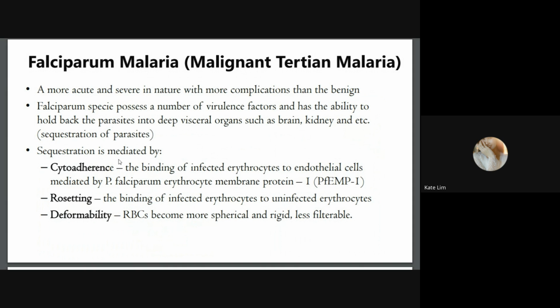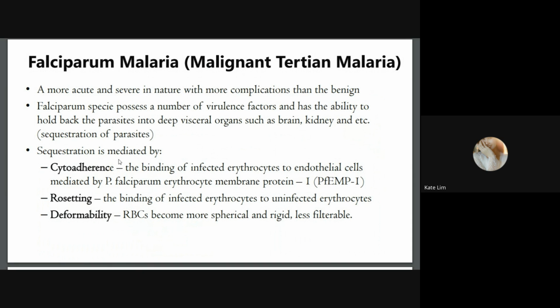So this actually contributes to certain complications of Plasmodium falciparum like cerebral malaria. Some of the RBCs are being stuck in the microvasculature, or the blood vessels, contributing to the complications of cerebral malaria. So this is one way how your malignant tertian malaria would undergo the process, or the pathogenesis.